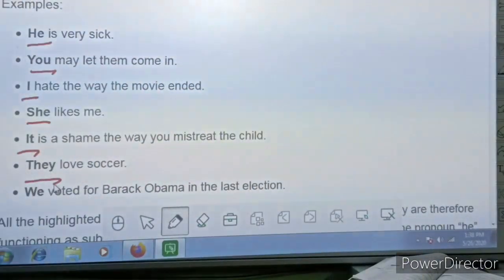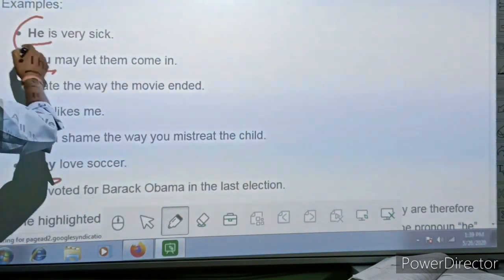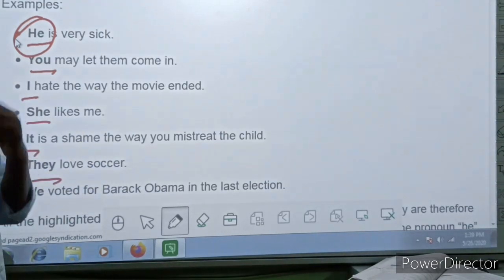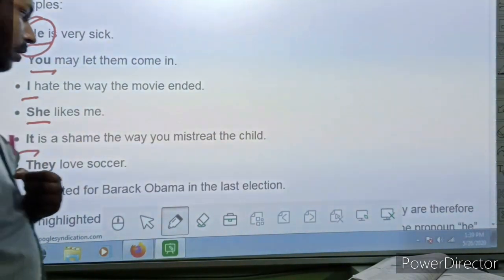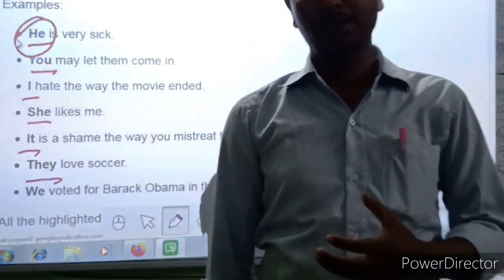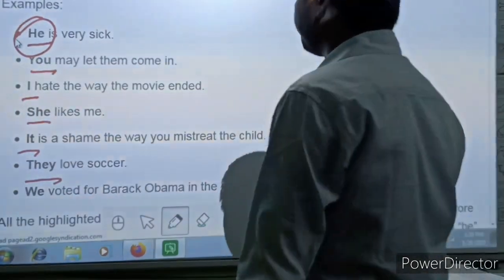For example, you can see on the board, he is very sick. He is a personal pronoun used for a specific person. And when a pronoun is used for a specific person, that is known as a personal pronoun.